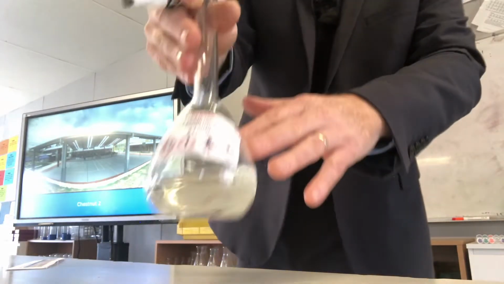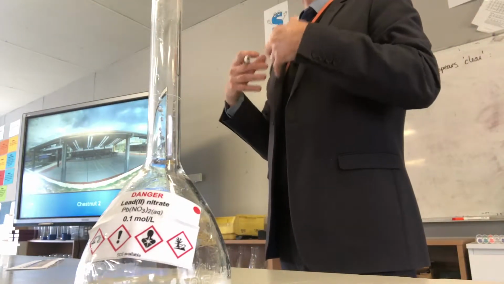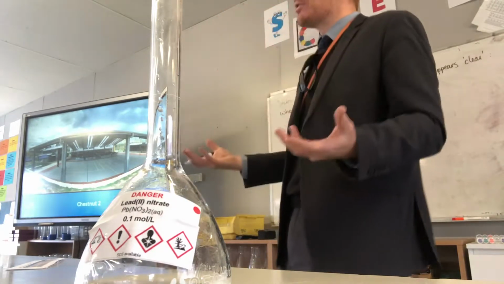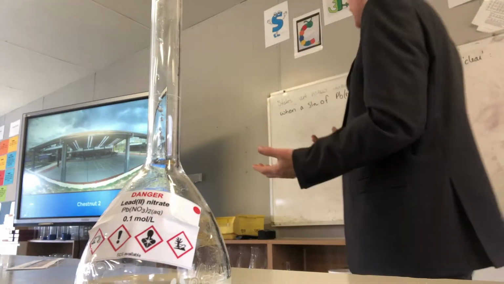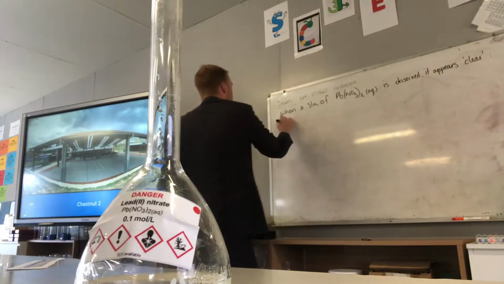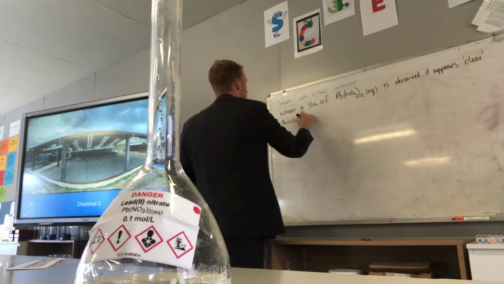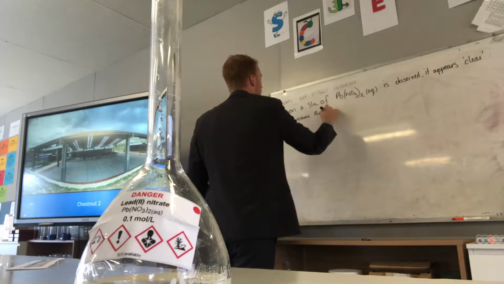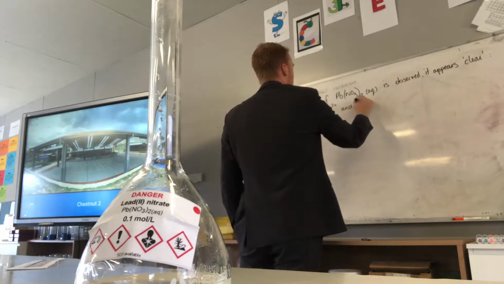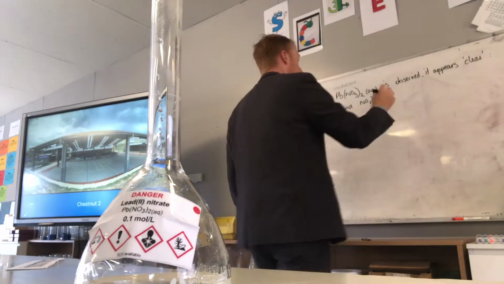Because in this circumstance, the lead ions are not partnered with any anions that have formed a precipitate. They've dissolved in this instance. So a solution of lead nitrate is observed, it appears clear. This is because the lead ions, which is Pb2+, and nitrate ions, which is NO3 1-, isn't that right, Pat? Yep.